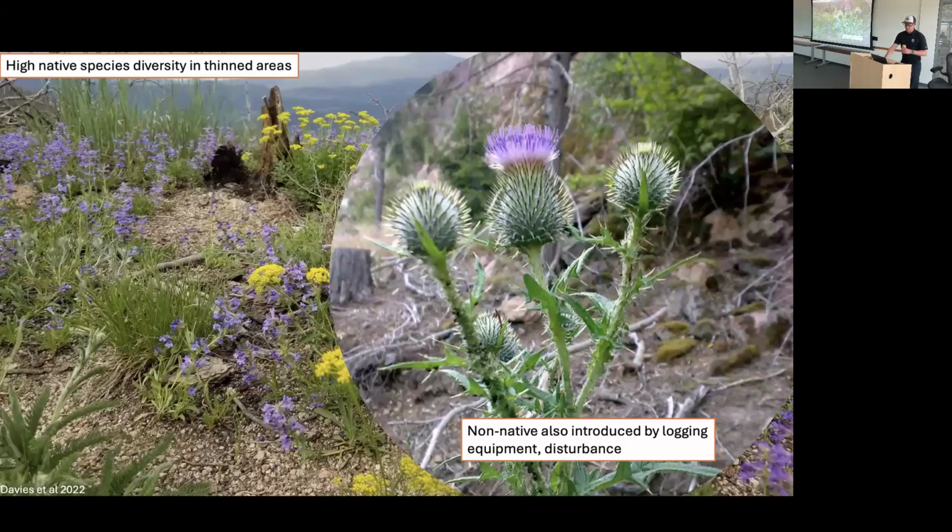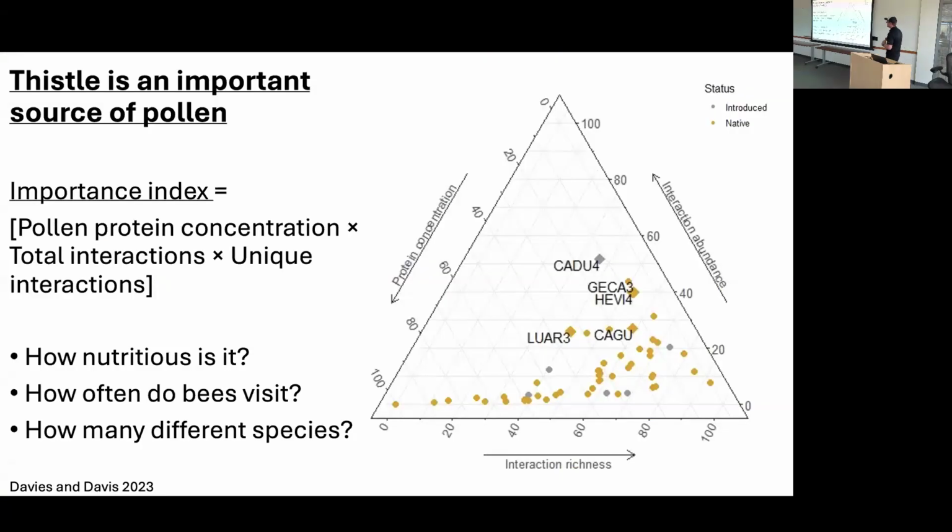And this could be a problem. It is often something that's post-thinning management, to eliminate all these non-native species that we accidentally introduced. But it turns out from another piece of work that was done by Cora shortly thereafter that this was a really important source of pollen.